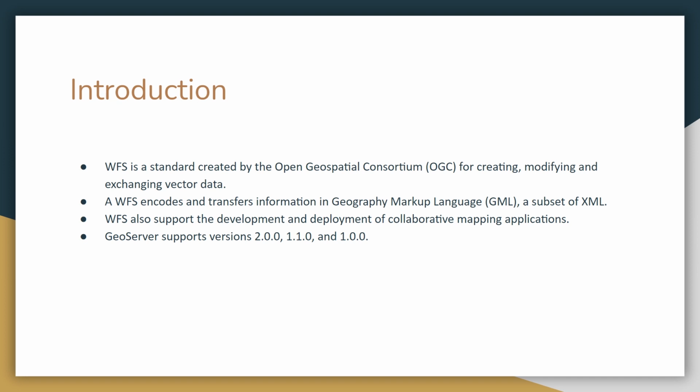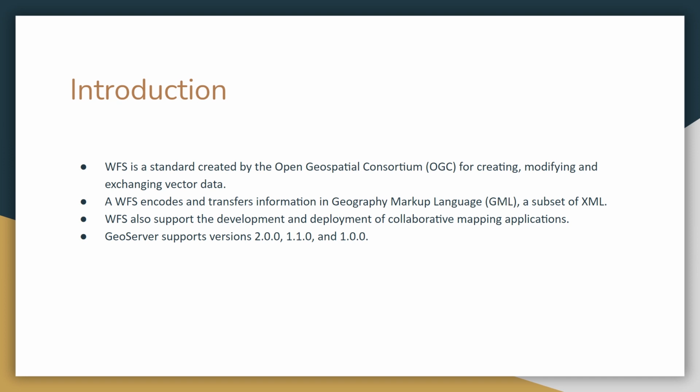in the web-GIS applications. And WFS encodes and transfers information in GML, geography markup language, or a subset of XML. It's the kind of XML language, so we can get the information.